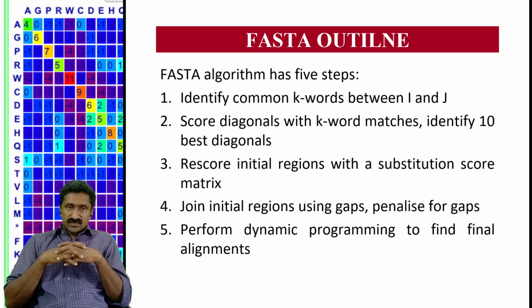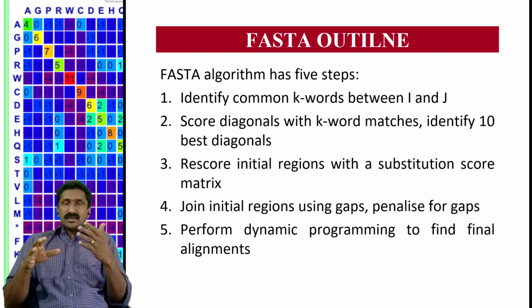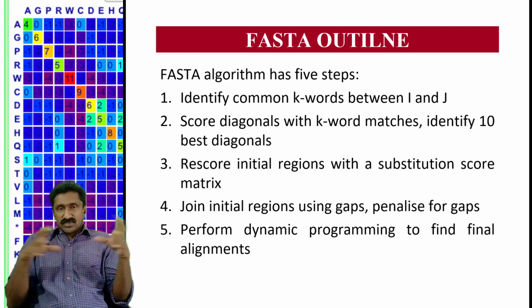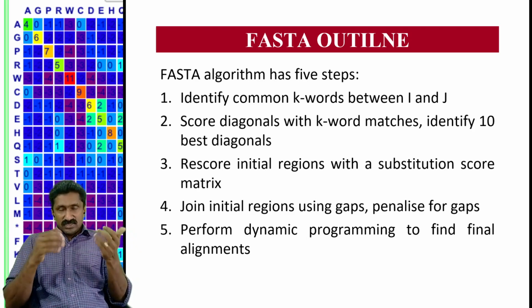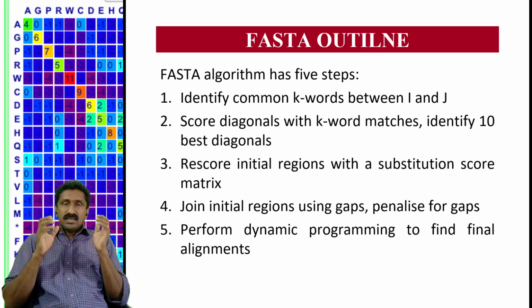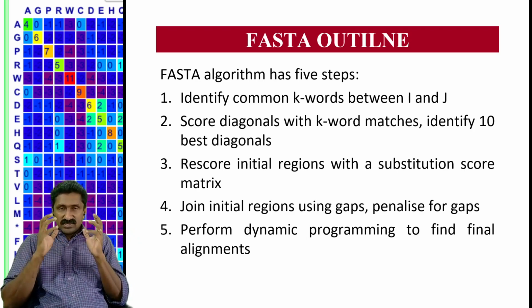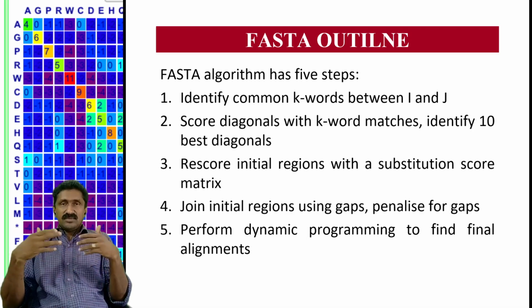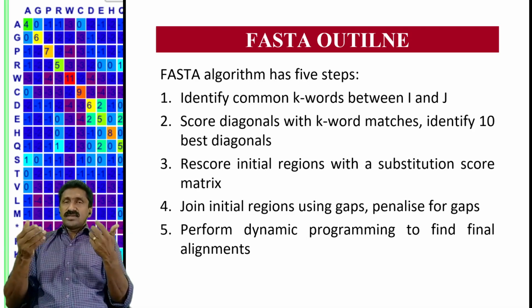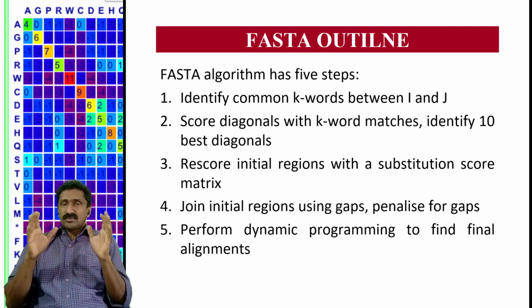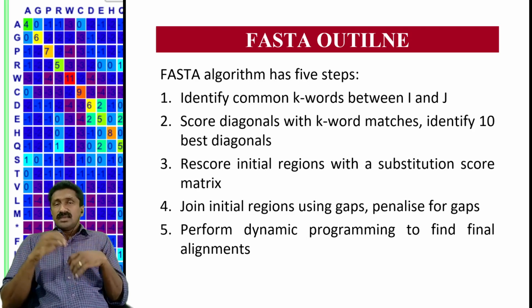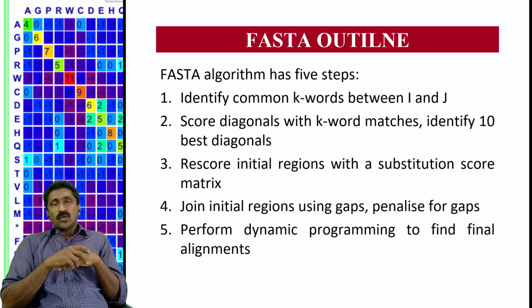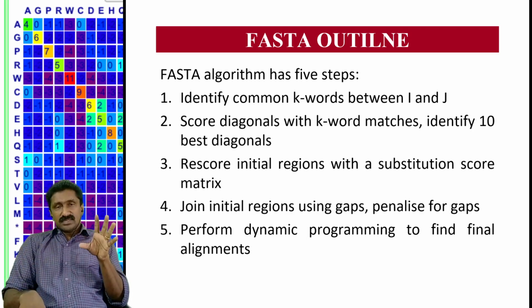Then rescore the initial regions using a substitution matrix, and the remaining gaps may be handled by joining the initial regions and inserting gaps and penalizing them. If a penalty means an alignment score needs to be subtracted, that is subtracted from the final score, and the remaining unaligned regions can be solved separately by dynamic programming, the normal method. That is the normal procedure.